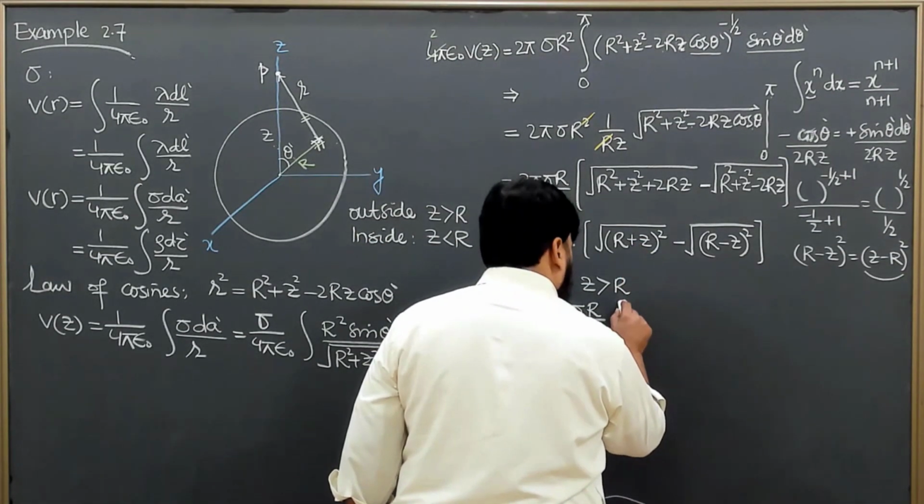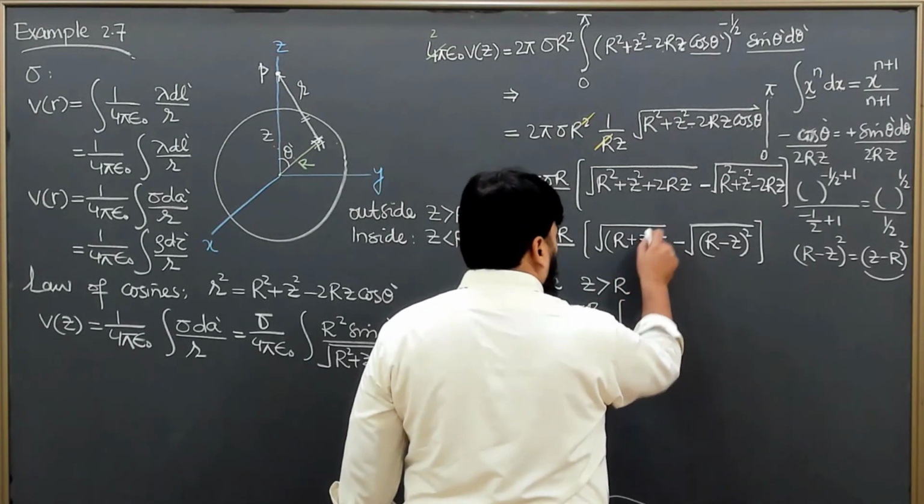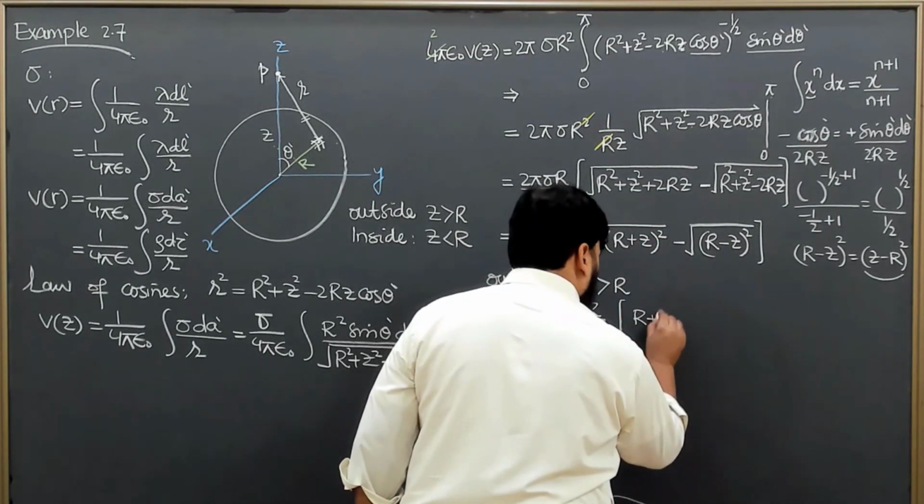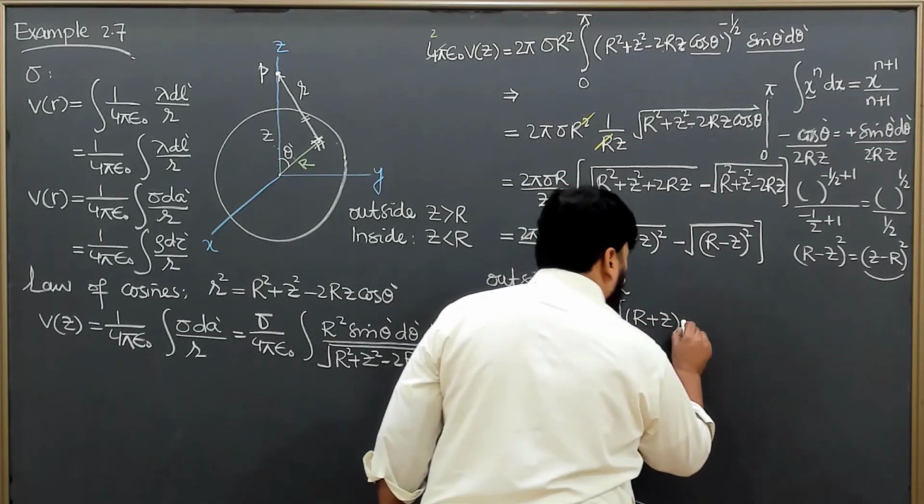and then here we have r plus z and minus.